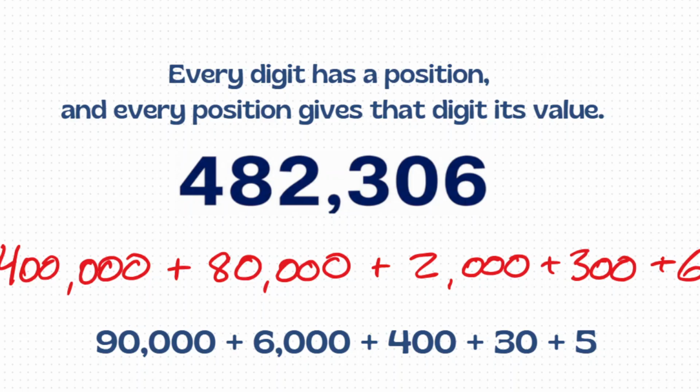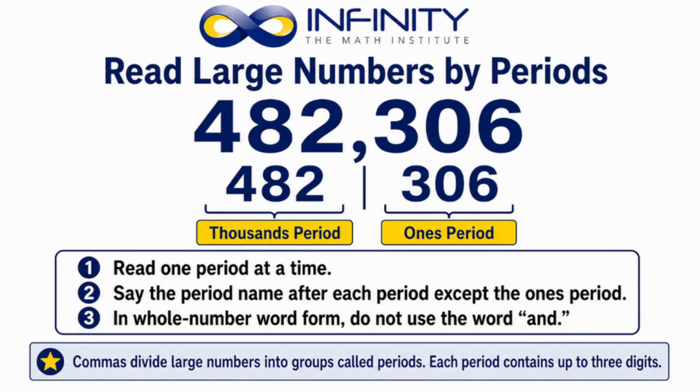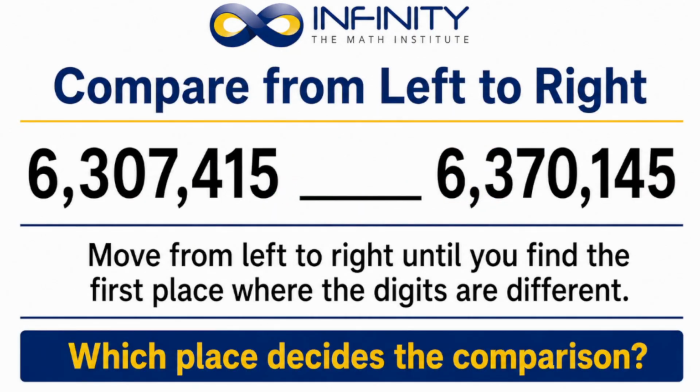All right, now we're going to have to be able to compare whole numbers. So here's two numbers, and we need to know which one is bigger or smaller. One thing you should already know, but I'm not going to assume, so let's go over it.